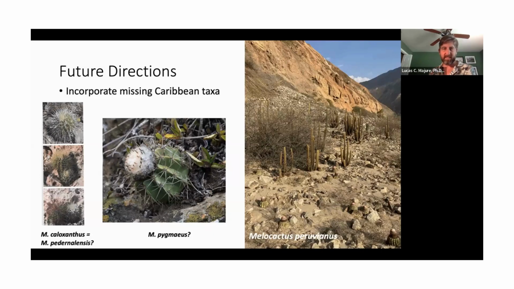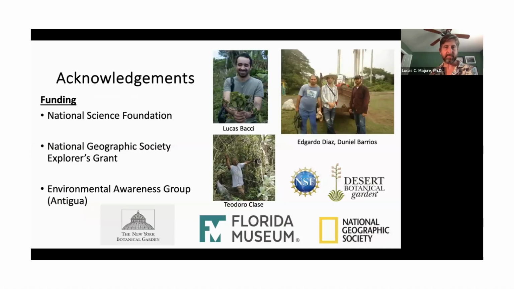And so it'd be really nice to be able to include this species into a broad-scale phylogenetic analysis, so we could really complete our existing knowledge for the Caribbean. So there's some, I would say, relatively low-hanging fruit that needs to be tackled so we can provide a much more comprehensive picture of Melocactus across the Americas.